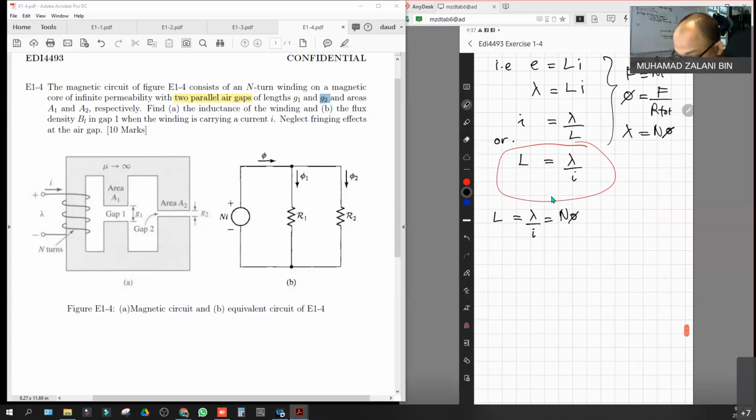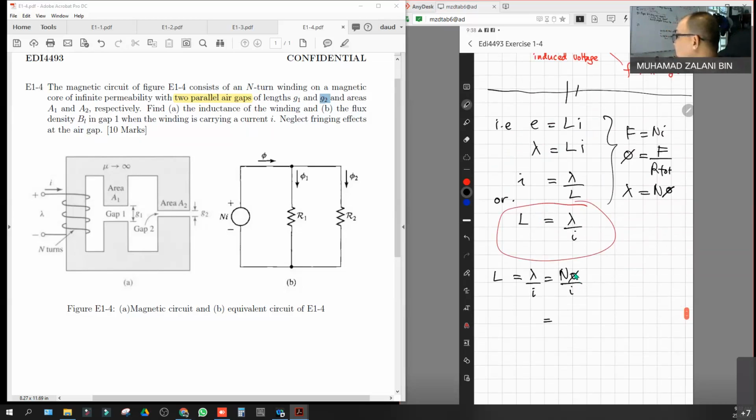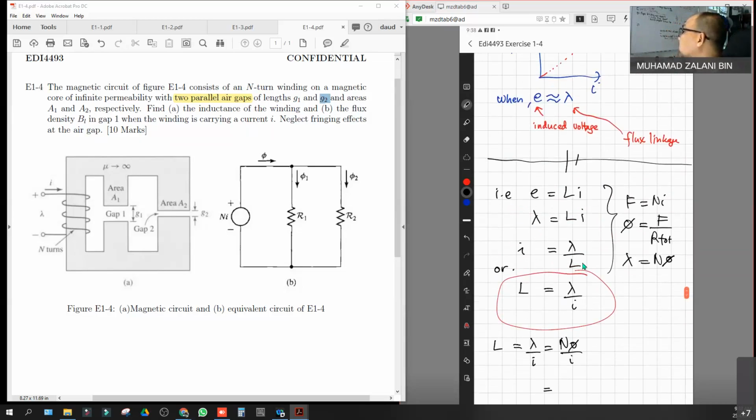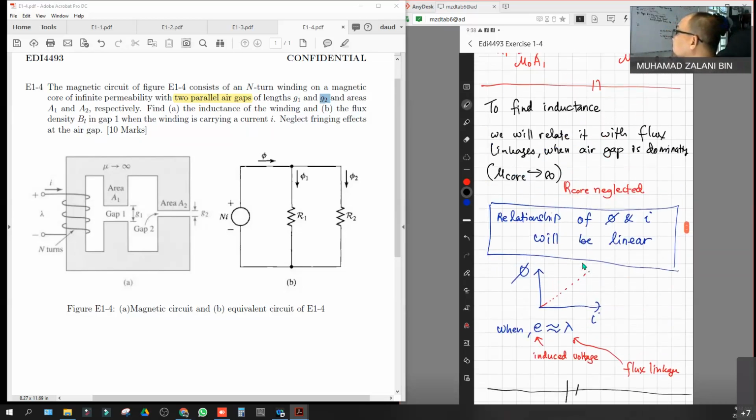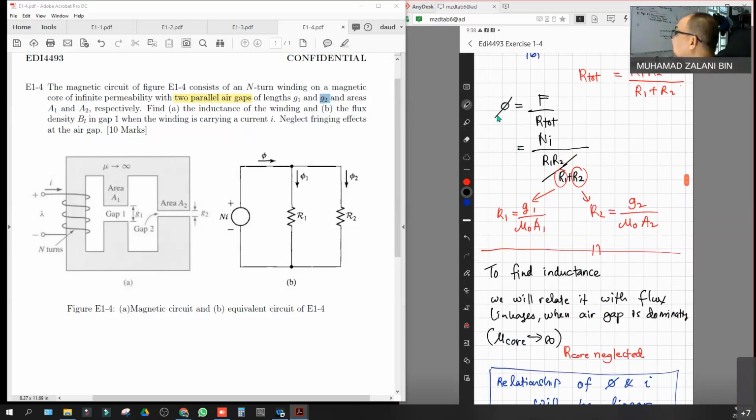So lambda is N phi, divided by I. So we can further extend this equation because we have already derived the phi here.